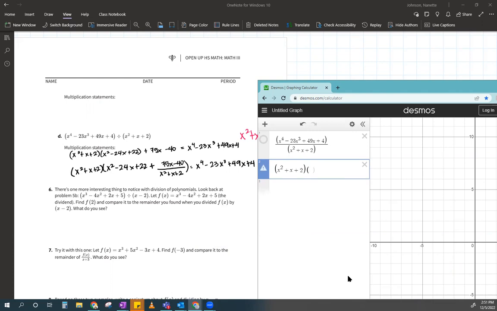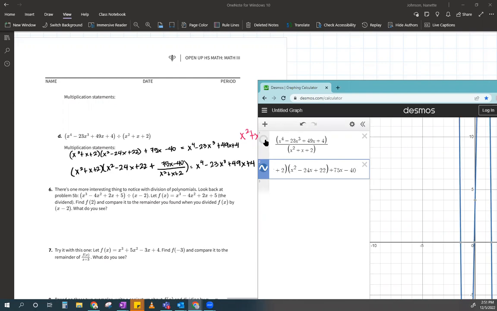So open, and then x squared minus 24x plus 22. And I'm going to do this one up here first. Close parentheses plus 75x minus 40. Okay, so it's this crazy blue one. These two are not the same and they shouldn't be because this is the division statement and this is just the dividend rather.